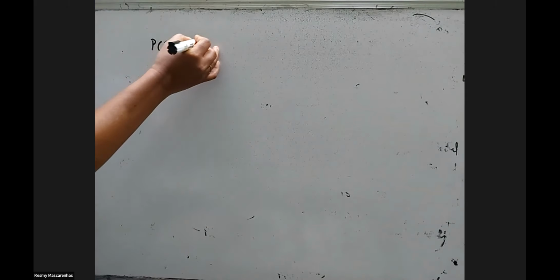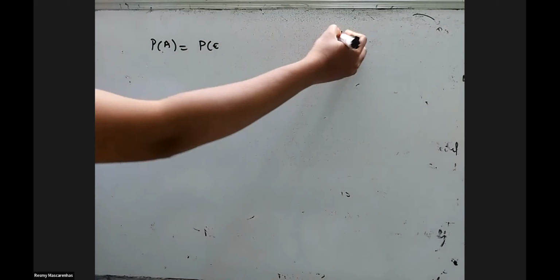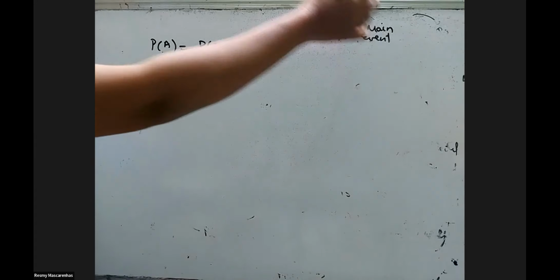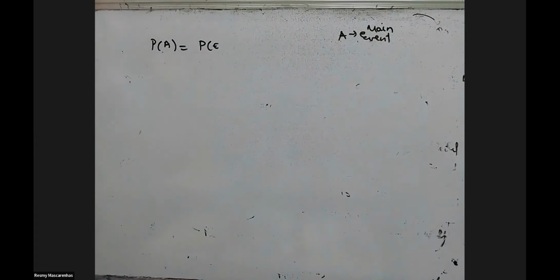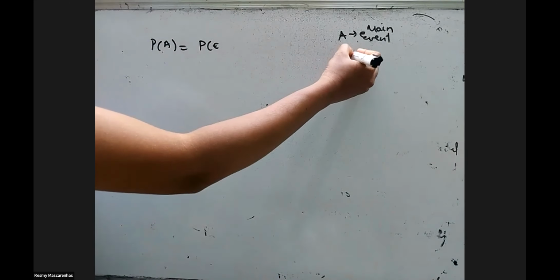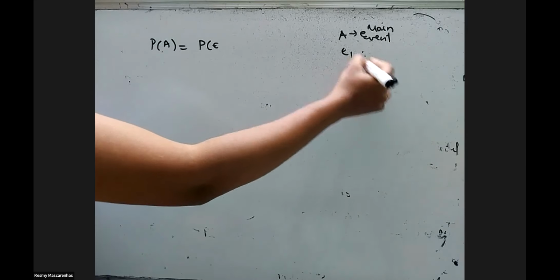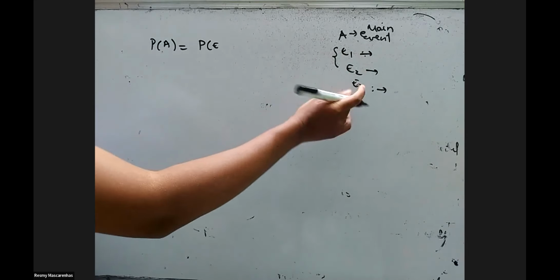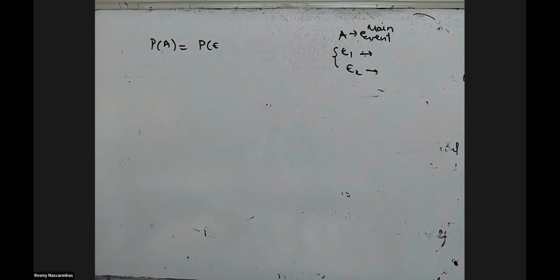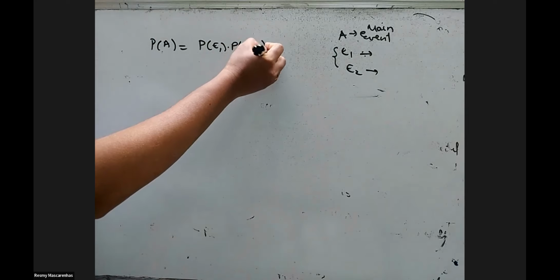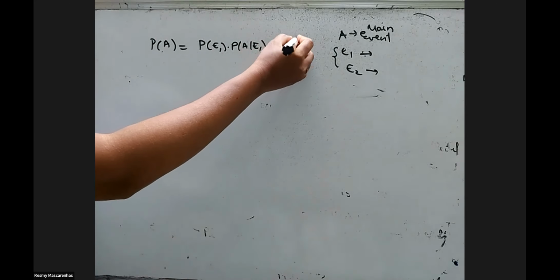Now, what does the theorem of total probability say? P of A is what? A is always the main event. Then you will have E1, E2, E3 based on how many you need. Here there are only two groups, so you will need only two. The theorem will be P of E1 times P of A upon E1 plus P of E2 times P of A upon E2.